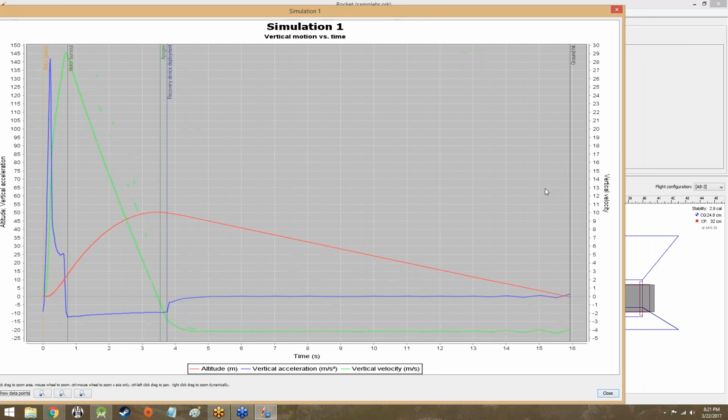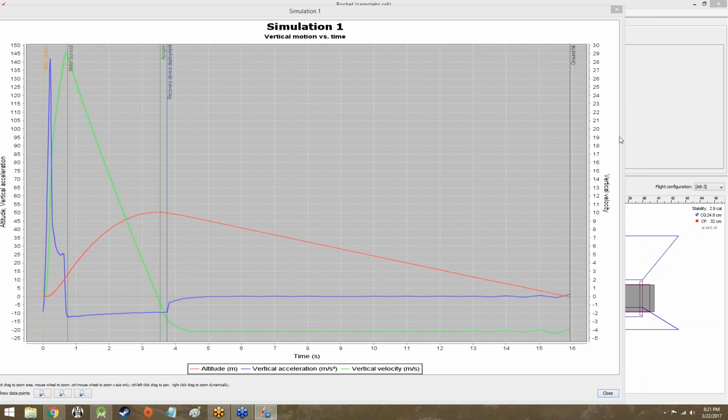If we were to compare it with vertical velocity, as you can see, vertical velocity only gets up to 29 meters per second. So if it were on the same axis as altitude, it would actually look something like that.